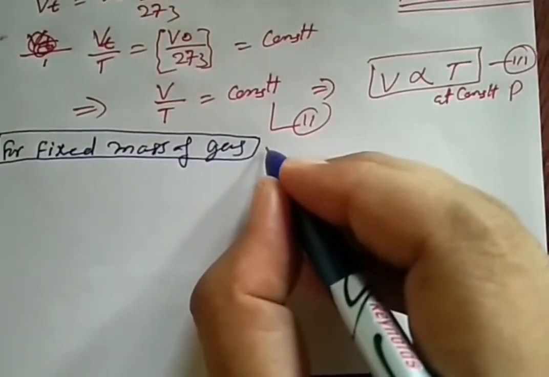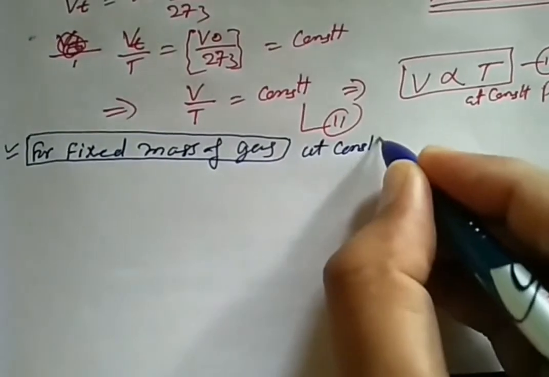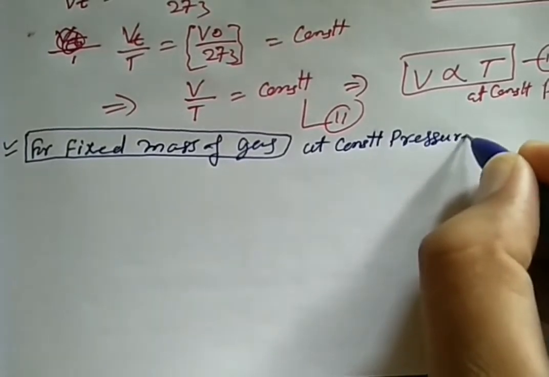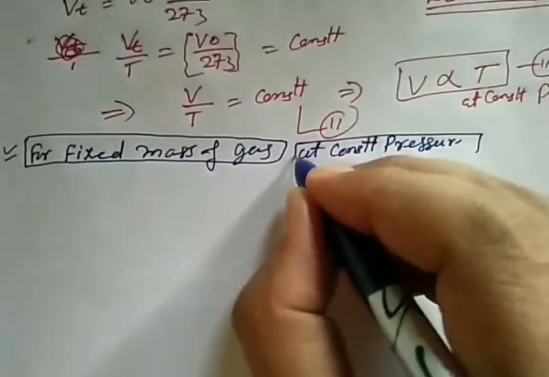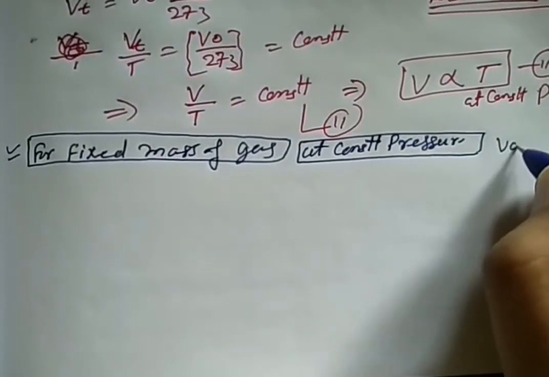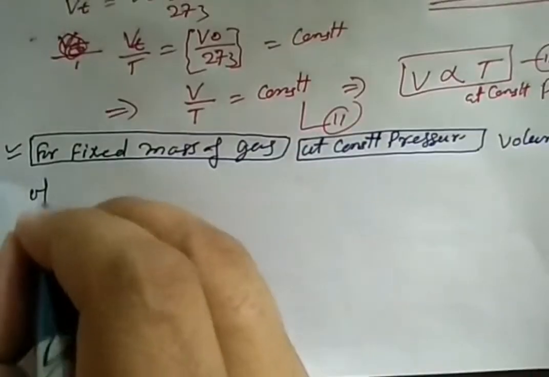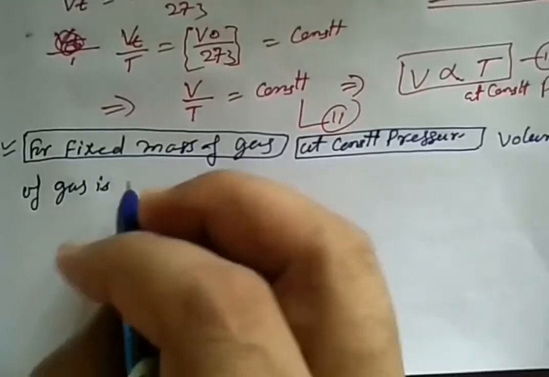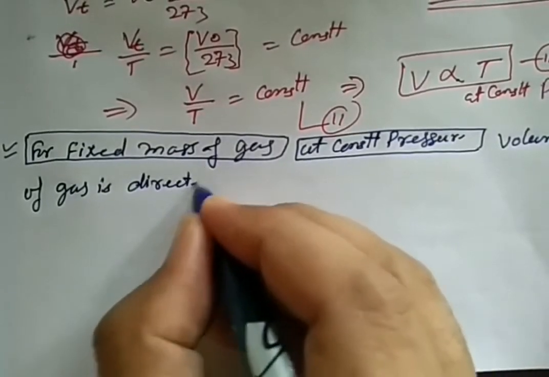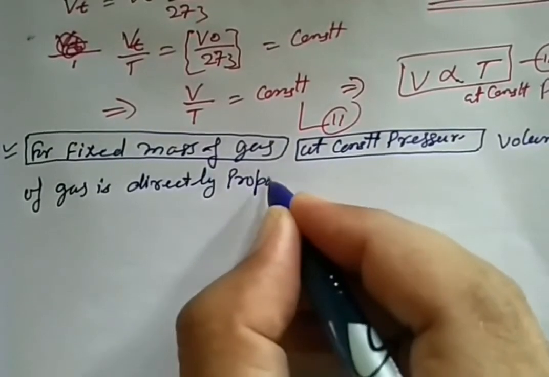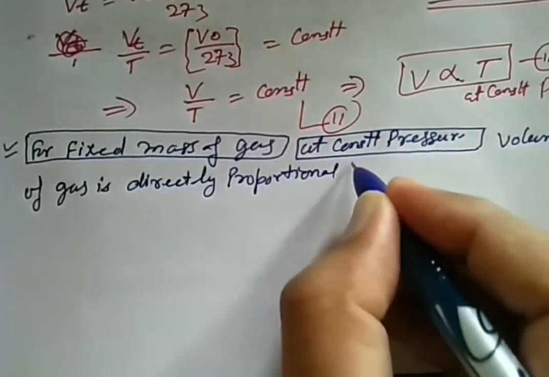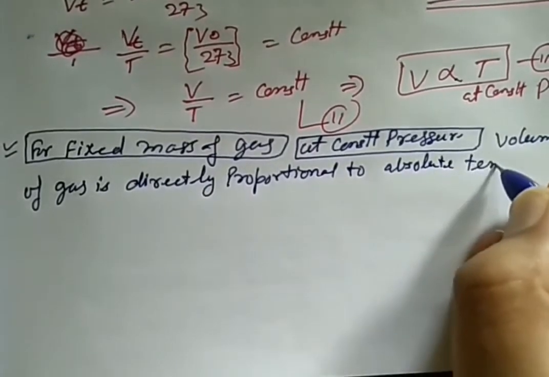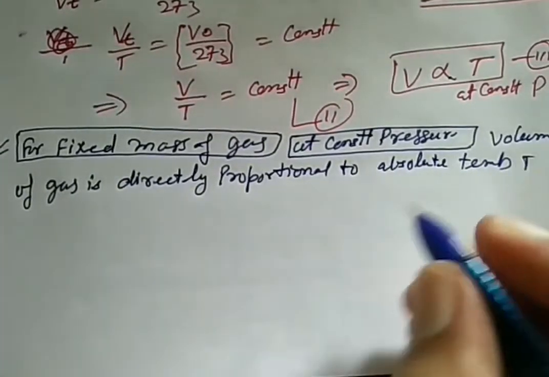For a fixed mass of gas, at constant pressure, the volume of gas is directly proportional to absolute temperature T. Right?